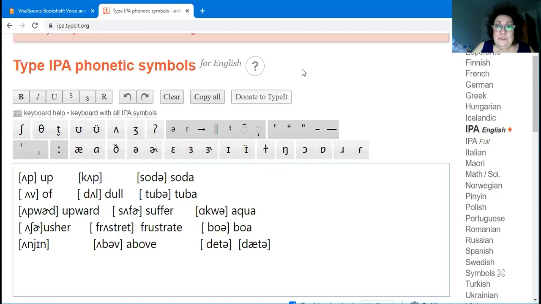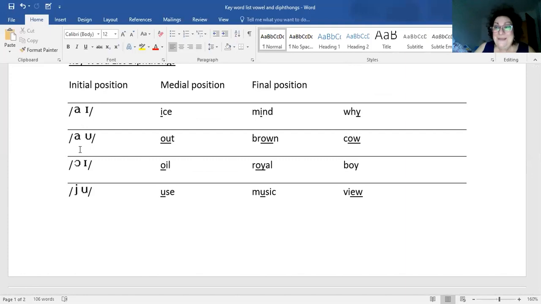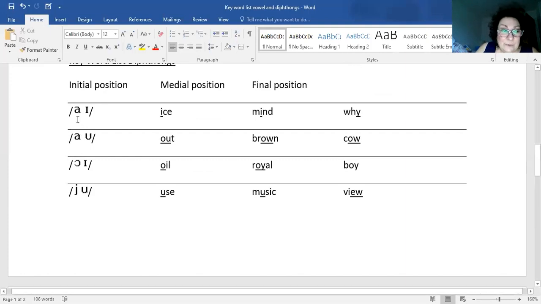Okay, so we've gone over the wedge and the schwa, and now we are on diphthongs. Diphthongs are two vowel sounds combined, but when you look at the symbols, you're going to say, Professor, you did not go over this first symbol here, and you're accurate because I left it out of the vowels so that the minute you see typewriter A, that's what we call it, you'll know it's a diphthong, and we use it for two of our diphthongs.